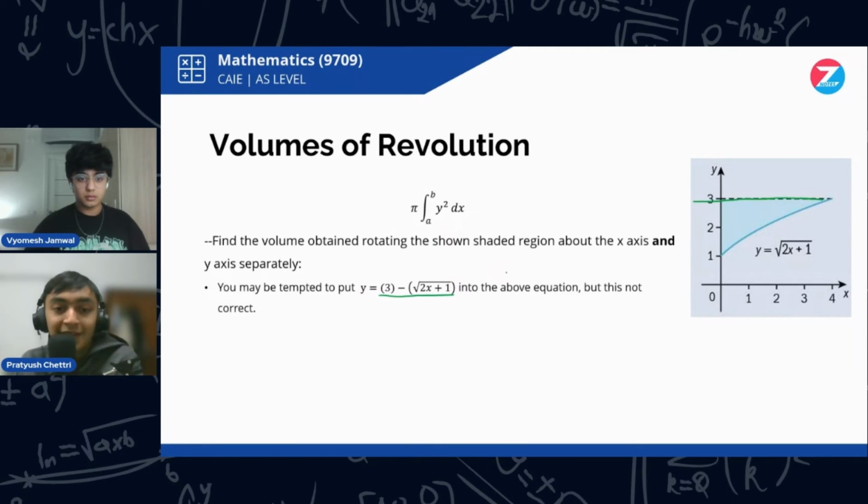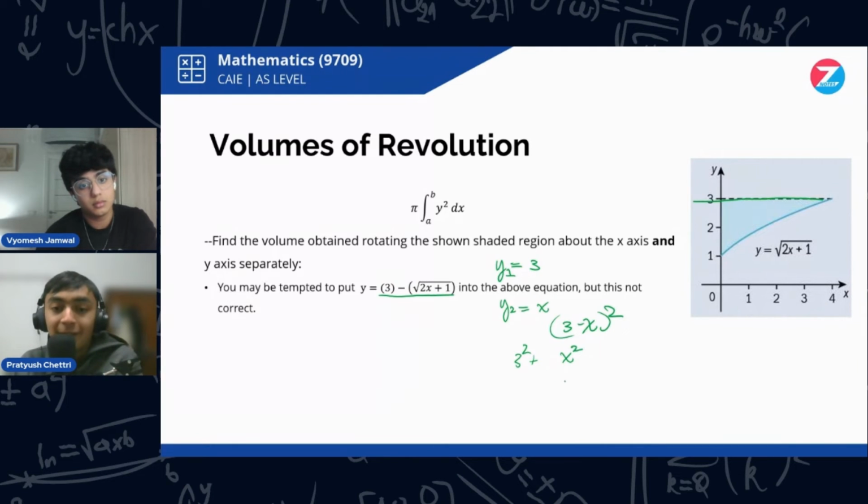But this is like saying, if y equals 3 and y1 equals 2, y equals x, then 3 minus x whole squared is actually the same as x squared and 3 squared.